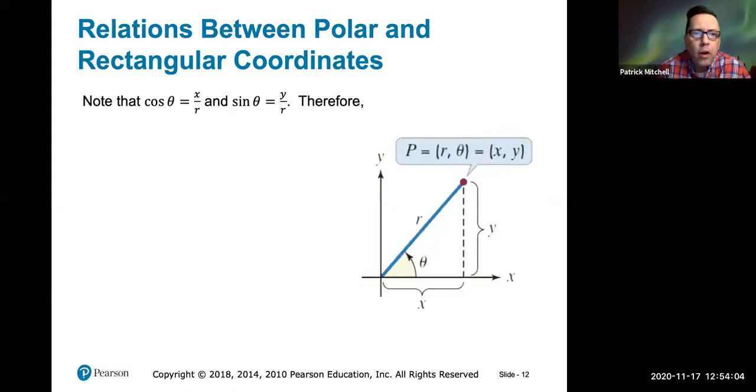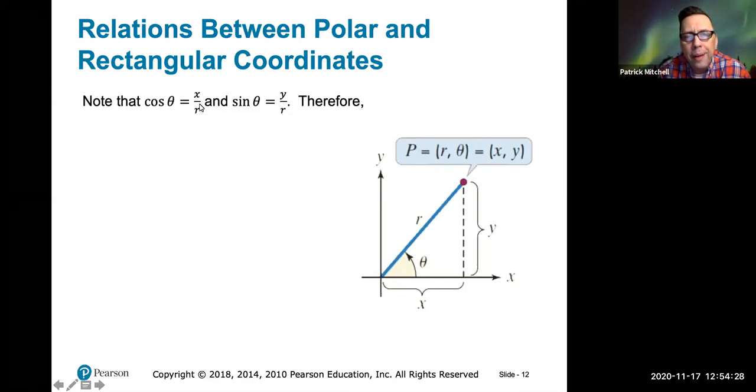So the first thing I wanted to remind you of is "Some Old Hippies Came Around Here Tripping On Acid." It tells you that the cosine of theta is x over r, because x is the adjacent and r is the hypotenuse. And sine theta is y over r, because y is the opposite and r is still the hypotenuse.